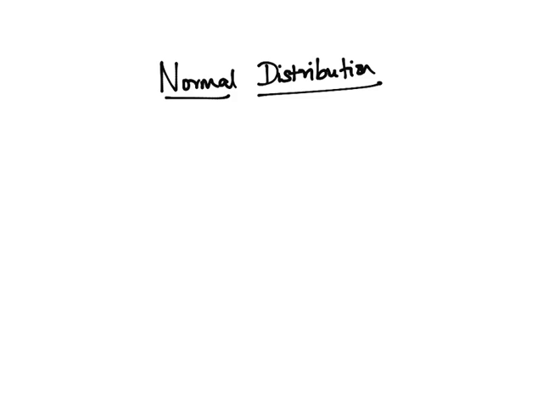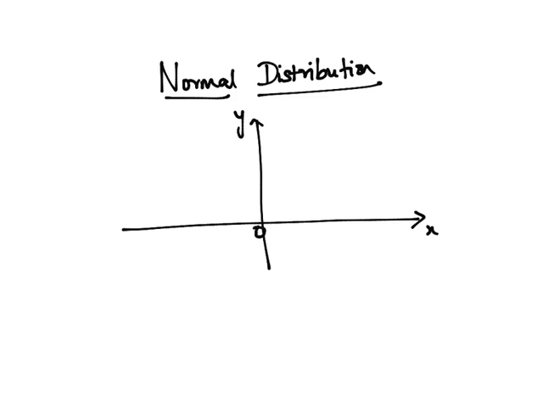If we take this as the y-axis and this as the x-axis, so y and x, now this will be 0. Now we know that we have a bell-shaped curve like this here.